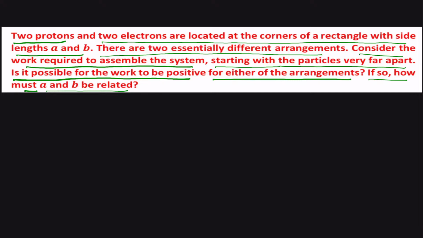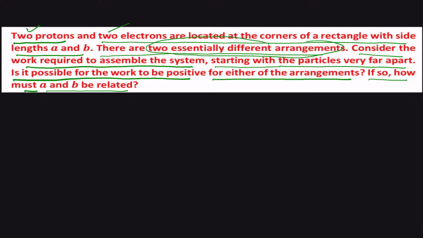So in this case, we are given a total of 4 charges. 2 are positive and 2 are negative, 2 protons and 2 electrons, and they are arranged in a rectangle with sides A and B, and it says that there are 2 different arrangements in which these 4 charged particles can be arranged. Obviously we can draw it also.